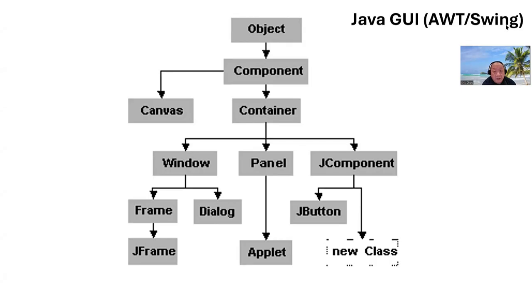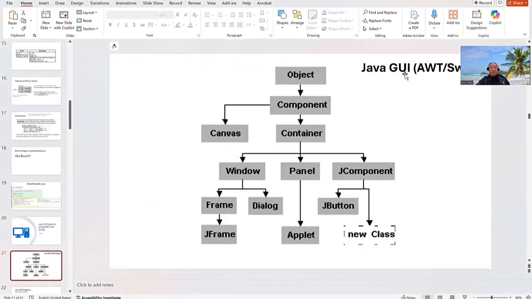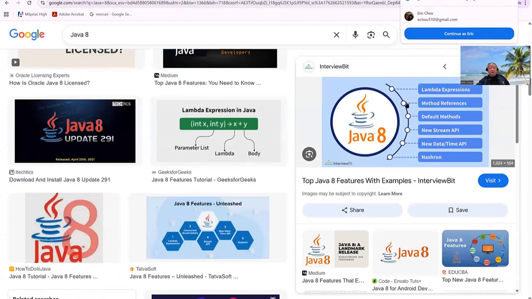So Jiang, what is this word GUI? Graphic user interface. Yeah. So why do we need to study GUI? It's like the front end of Java, so it shows the Windows application. That's because every program on the computer, even the browser, is a GUI.